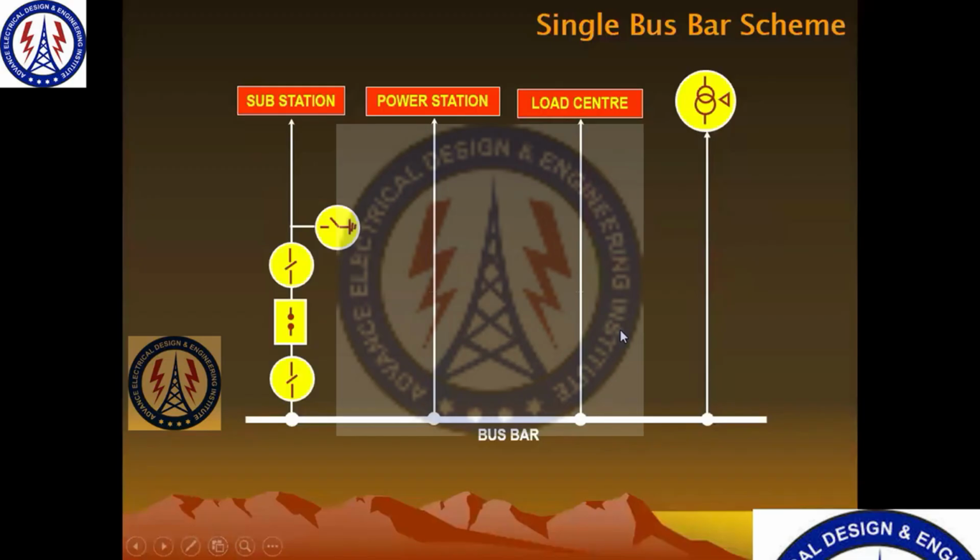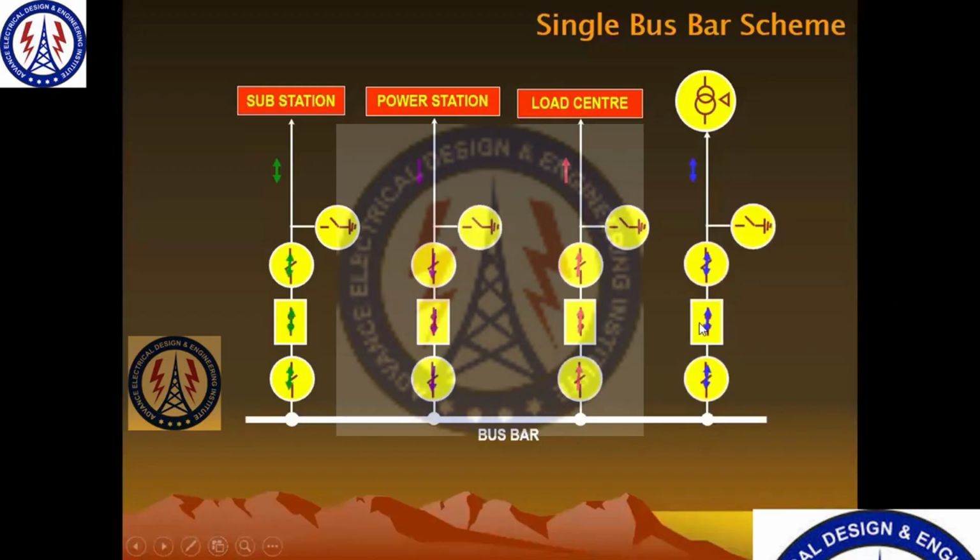Now, what will happen? Suppose a fault occurs on our feeder, or suppose we have taken the circuit breaker into maintenance. This circuit breaker gets tripped, and the power supply will be interrupted for this particular feeder. The other feeders will work in a healthy condition just like before.